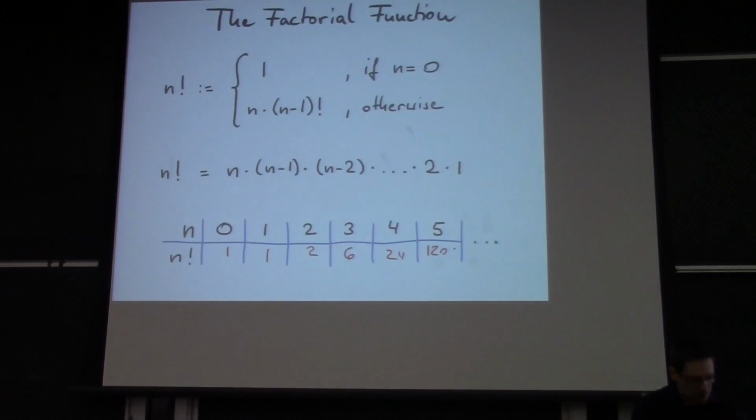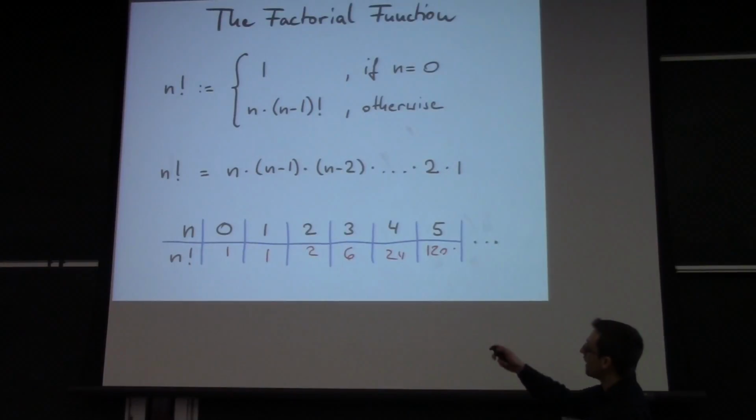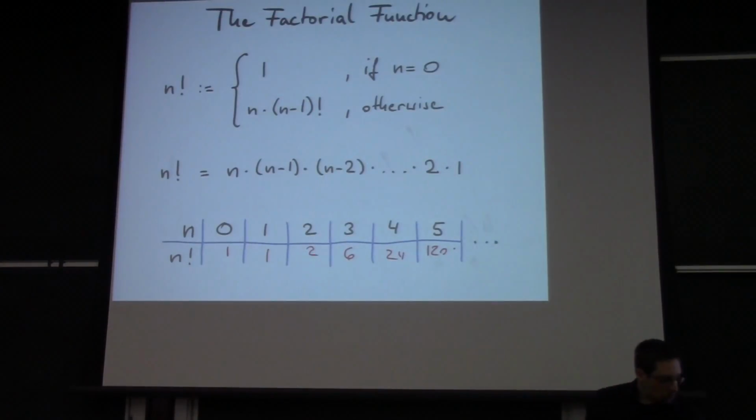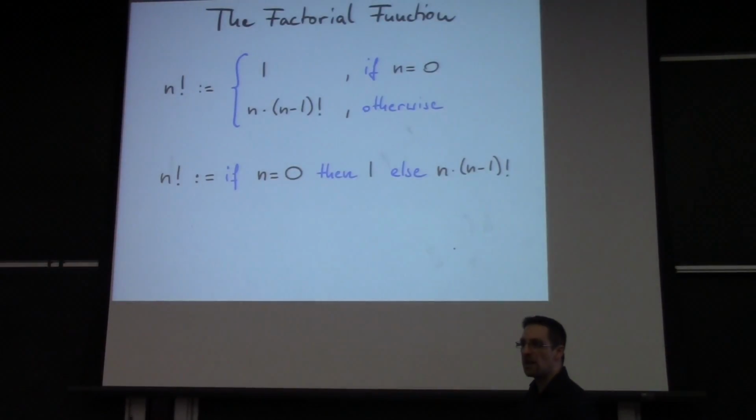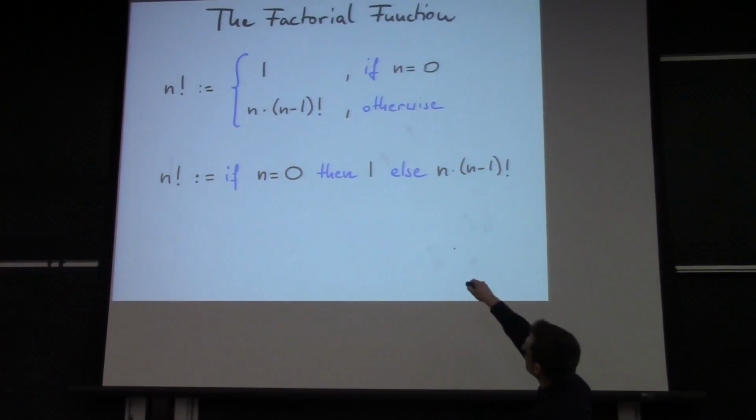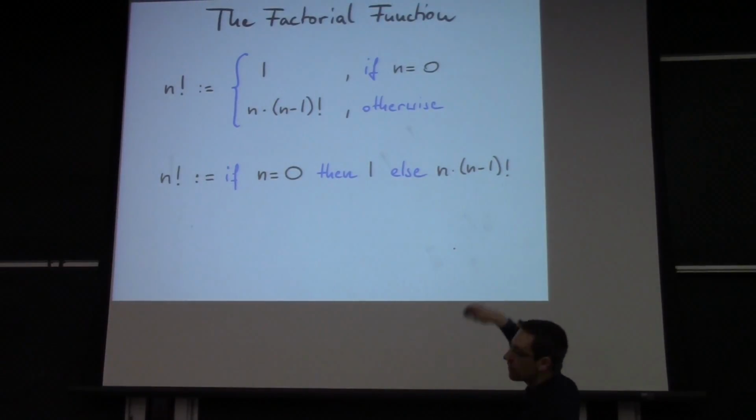So now we understand how this thing is defined. Let me now write it in a slightly different form that is closer to what computer scientists would use to write down this function. Computer scientists don't like these curly braces here. They just write this using if-then-else expressions.